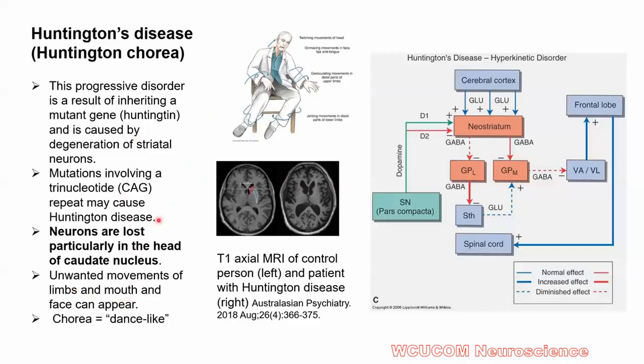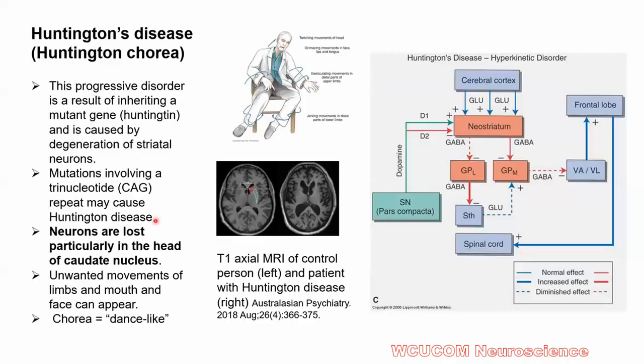Usually there are behavioral and cognitive, depressive-like and irritability-like symptoms together or even preceding the motor manifestations. And it is, in fact, a heritable disease with a defective gene.